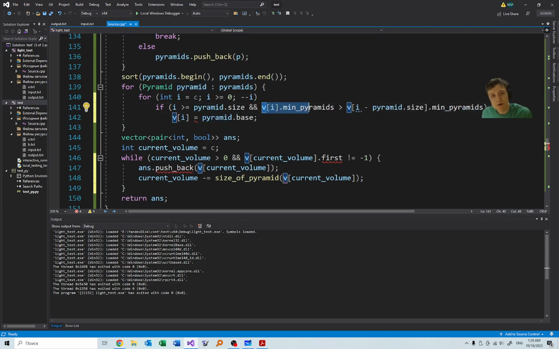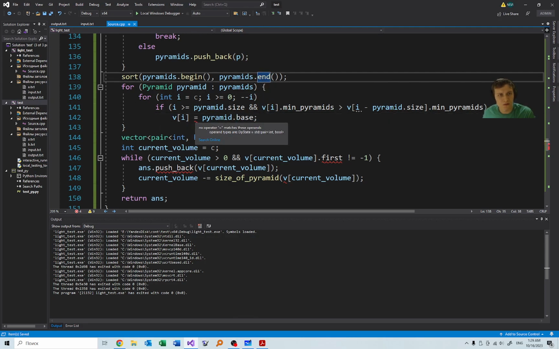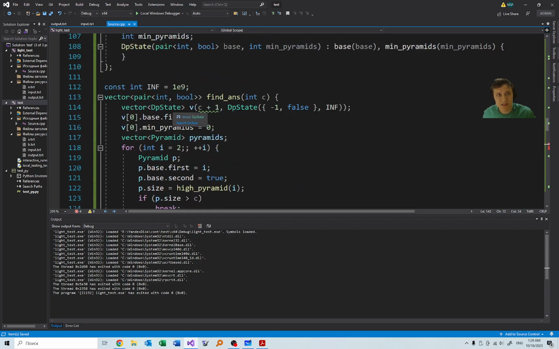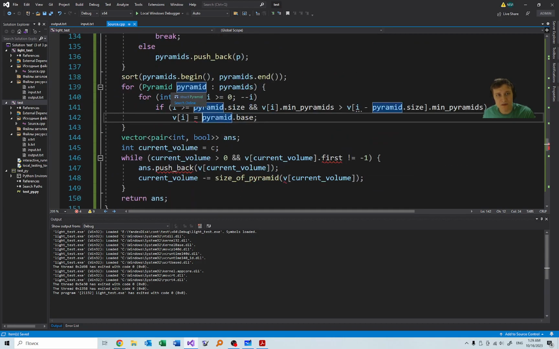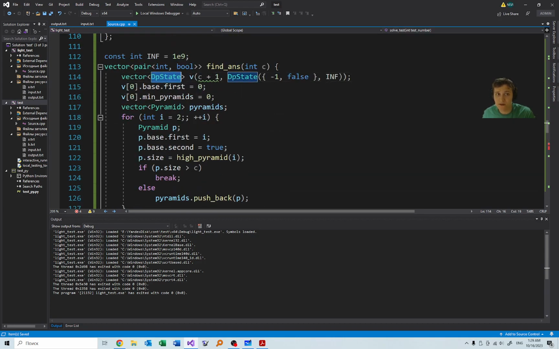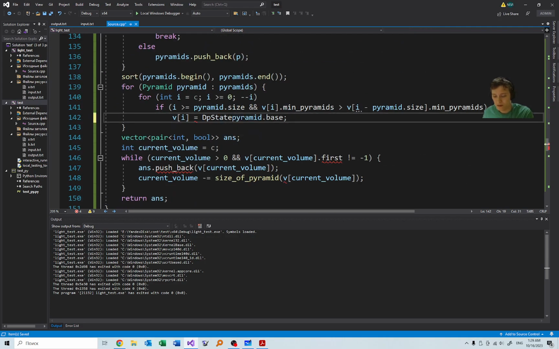So if our current answer is greater than the answer if we remove this pyramid size, then we do it. So here I put pyramid base, I guess. No? Ah, I need a DP state. So I need a DP state which is base and min pyramids. Okay, I can do it. Base and new min pyramids, which is now this +1.